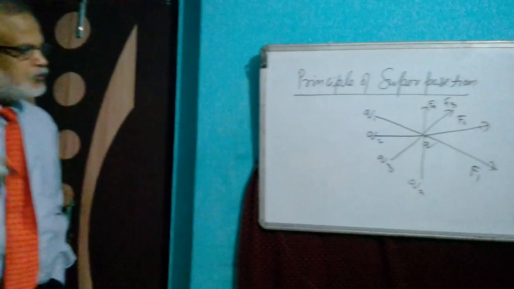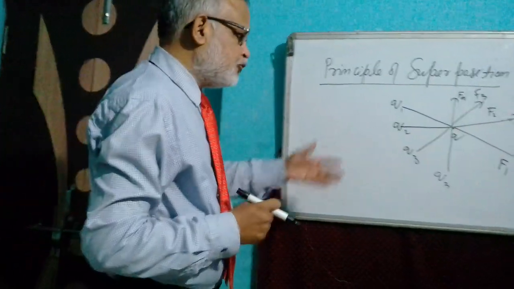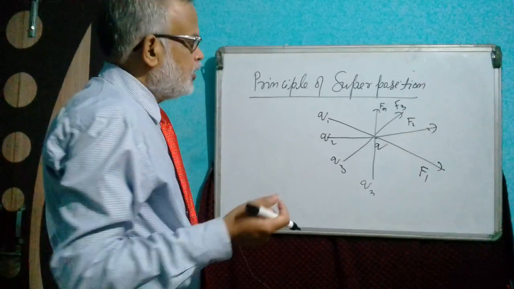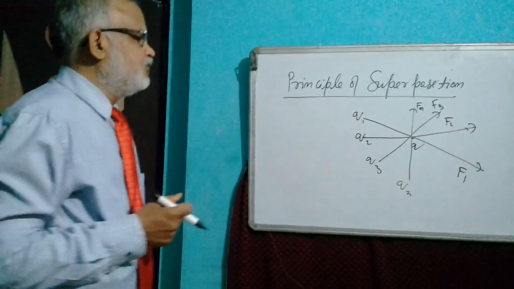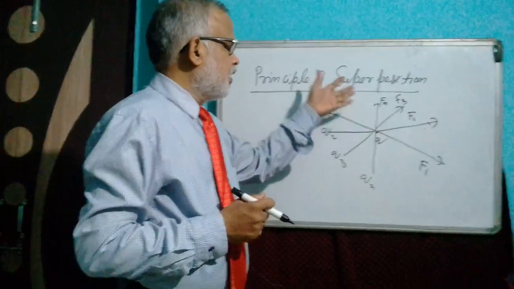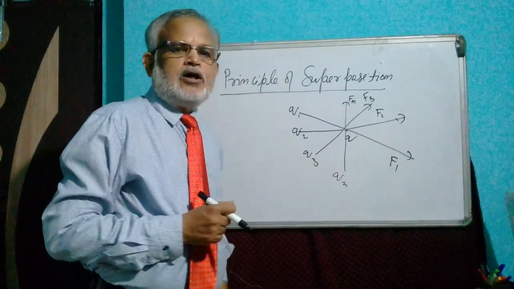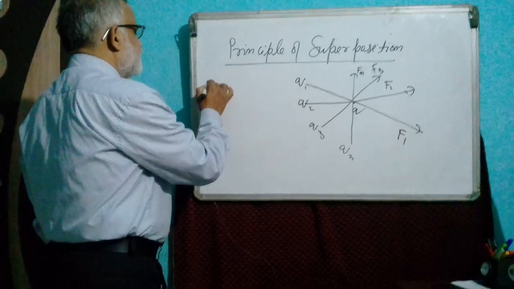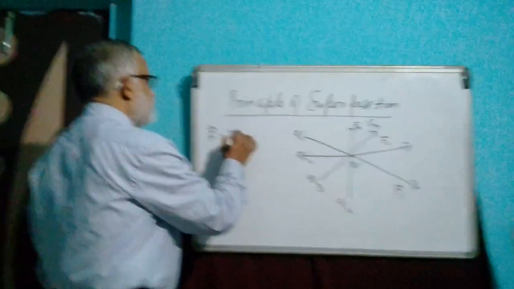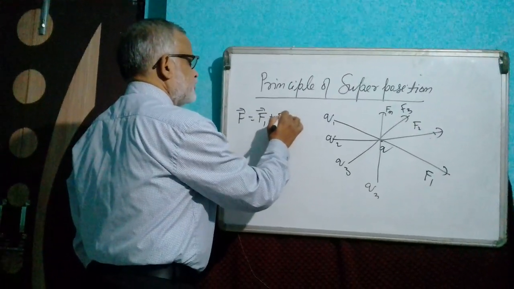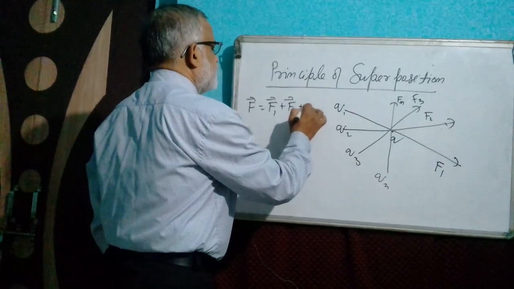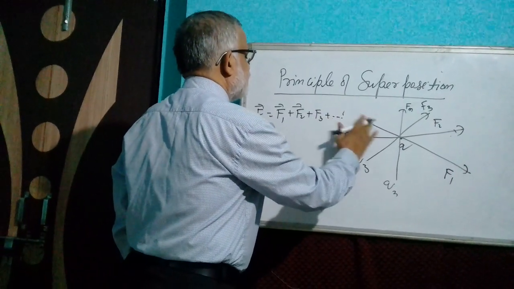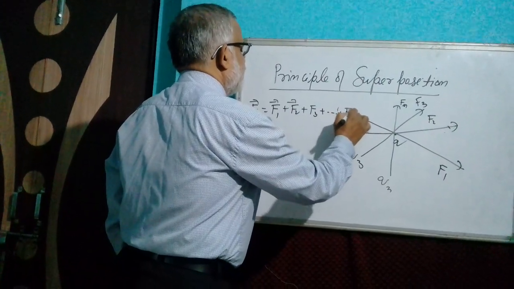According to the principle of superposition, the net force acting on the charged particle Q is equal to the vector sum of the forces applied by each of the charged particles, that is F equals F1 plus F2 plus F3 plus ... plus Fn.